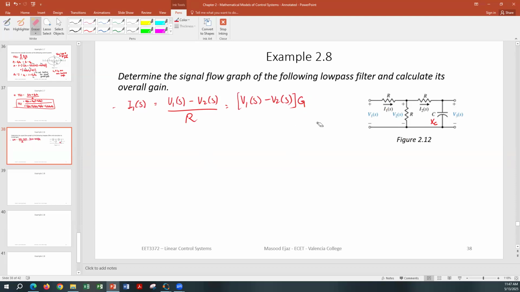So I'm just going to write it in terms of conductance. G is equal to 1 over R. All right. The next signal is I2. And I2 similarly is the voltage V2 minus the voltage V3 over R.